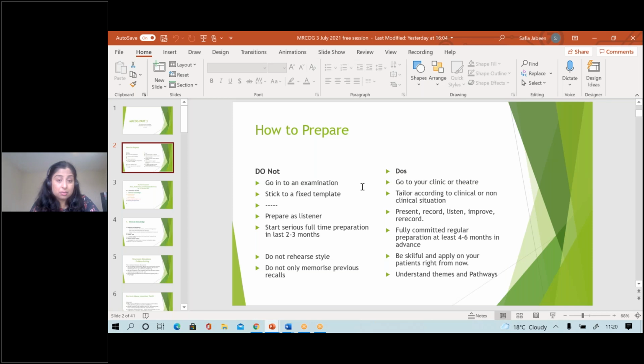So you need to rehearse in a way that makes your points organized. It's important to participate in whichever course you are doing as an active participant, because that also takes your hesitation away, the bit of fear and anxiety. That's a major part of the exam as well.